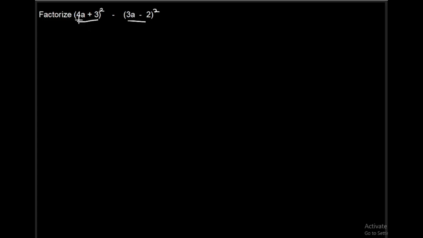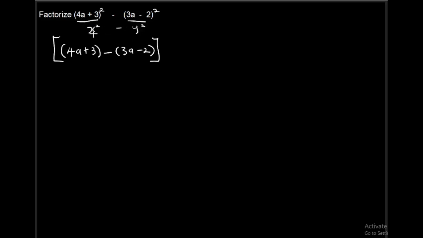So our first term is the whole of 4a + 3. Come down here, we'll say (4a + 3) in one bracket, minus our second term, the whole of (3a − 2), in another bracket. Remember, difference of two squares must be in the form x² − y².